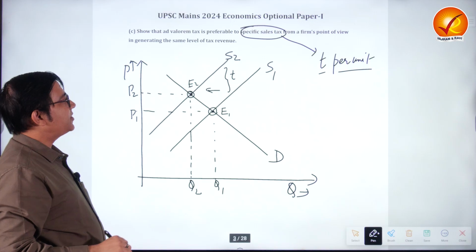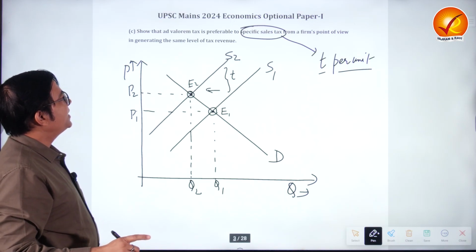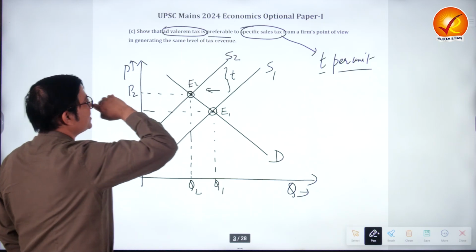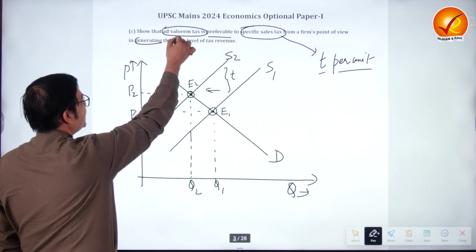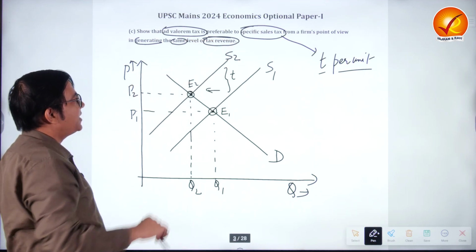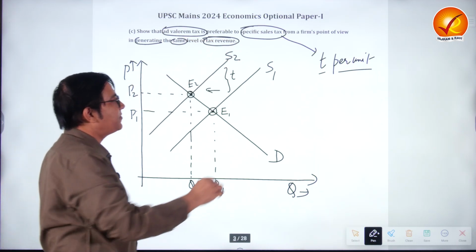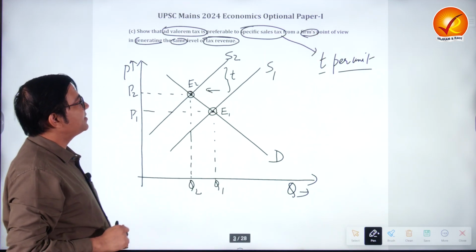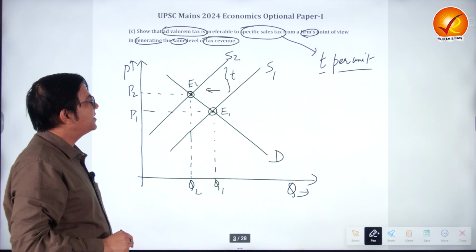Okay, but the question is not just asking that, it is asking to show that ad valorem tax is preferable to such a tax in generating the same level of tax revenue. Generating the same level of tax revenue from the firm's point of view, meaning thereby the firm is collecting this tax revenue and giving it to the government.